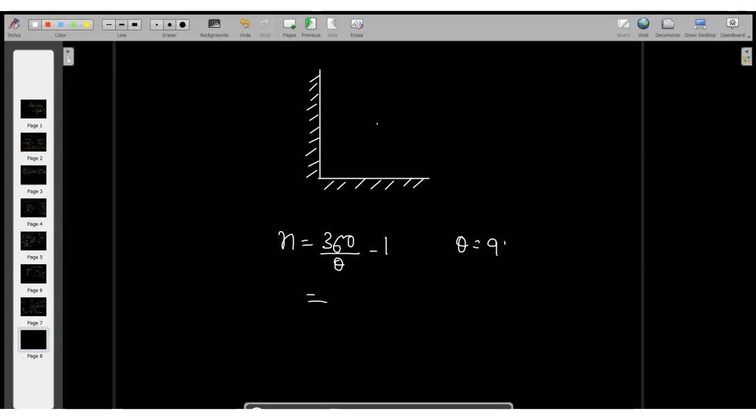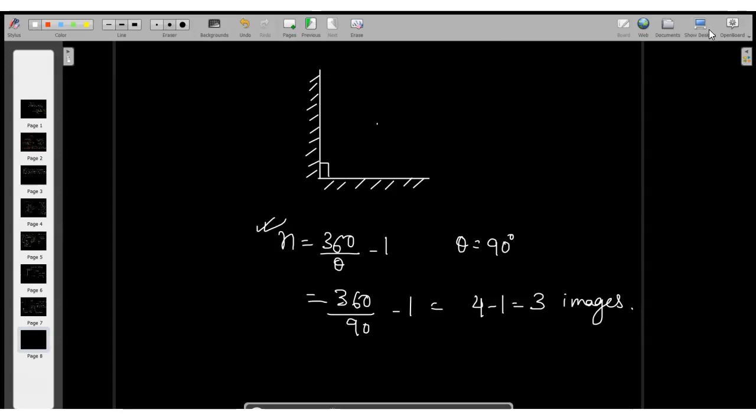Theta is 90 degrees because they are placed perpendicular to each other. So 360 by 90 minus 1, which is 4 minus 1, that is 3. So 3 images will be formed. In this way, for any particular angle of inclination, you can find the number of images formed. Is it clear to all of you?